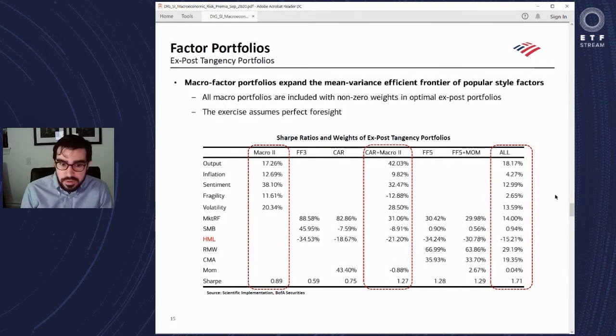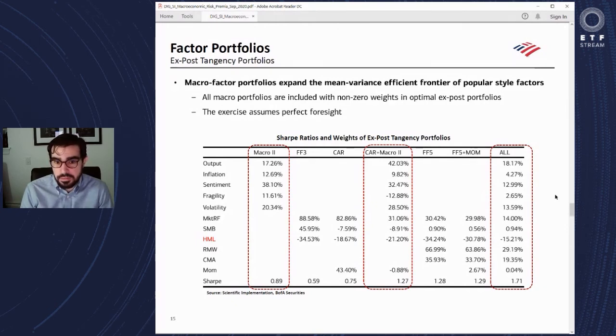What we observe is that the inclusion of those macro portfolios into the mix of existing and popular and commonly used factor models is actually increasing the Sharpe ratio quite significantly. You can see that for the case of the Carhart 4-factor model, we go from a Sharpe ratio of 0.75 to a Sharpe ratio of 1.27 by including those macro factors.